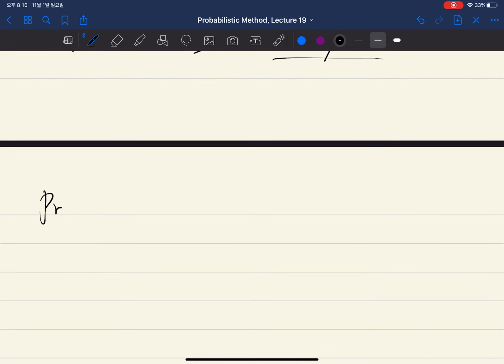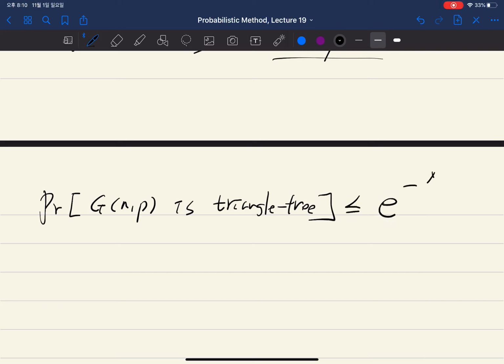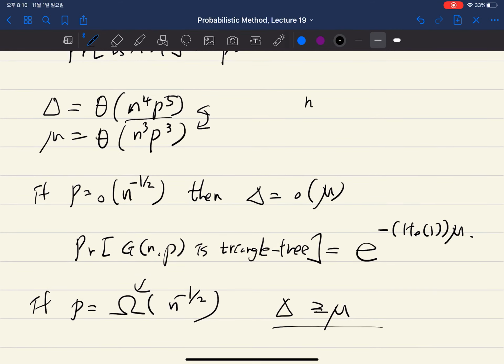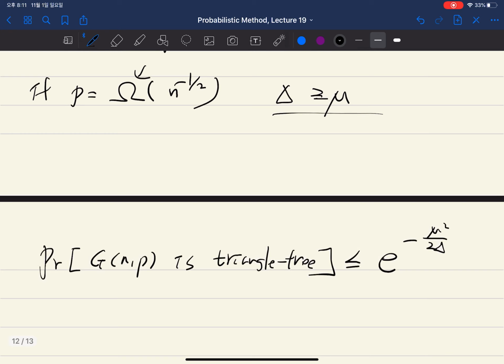Then the probability that G(n,p) is triangle free is at most e to the negative mu squared over 2 delta. What is that? Mu squared is n^6 p^6. You divide that, and this is roughly some theta times n squared p.